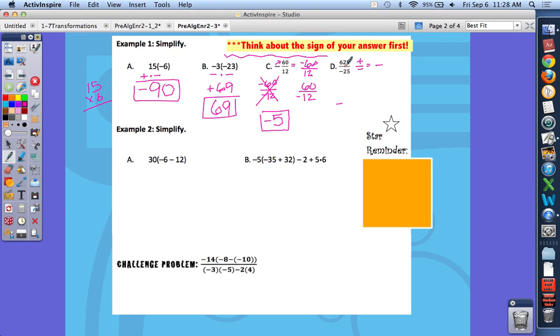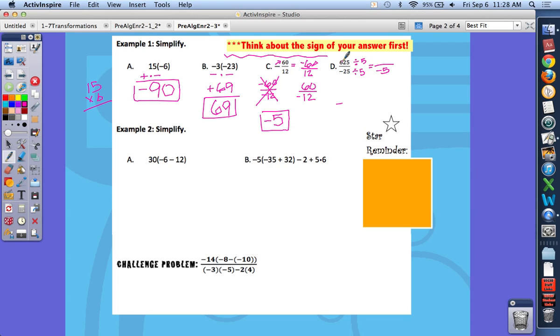Okay, fine. Can you just simplify the fraction? Can you divide something out here? Yeah, absolutely. What do you know you can take out of both of these numbers and end up with a whole number? 5. So divide them both by 5. That'll help you with your division. Negative 25 divided by 5 is a negative 5.